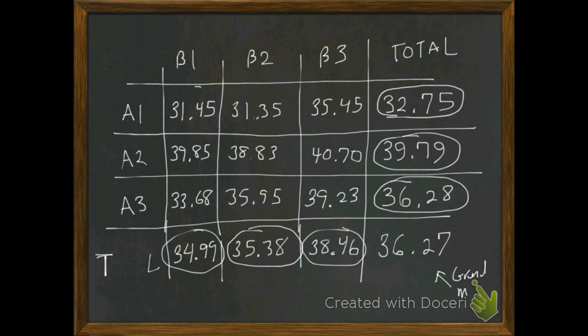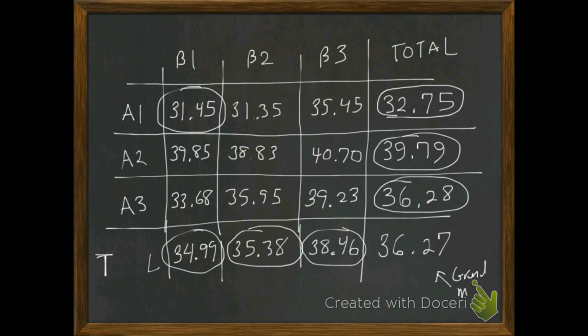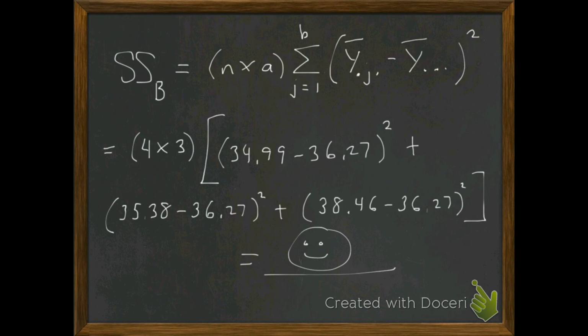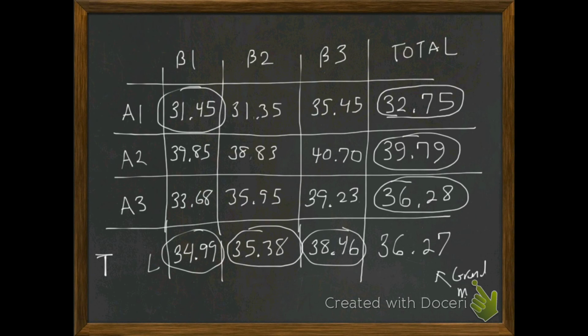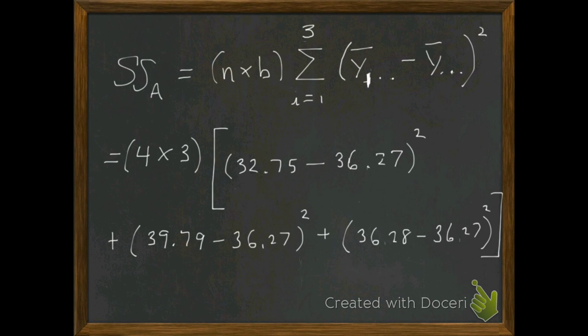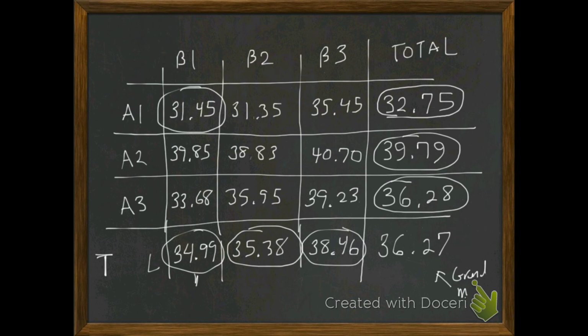First entry, we're going to have 31.45 minus the row mean of 32.75 minus the column mean of 34.99 plus 36.27.